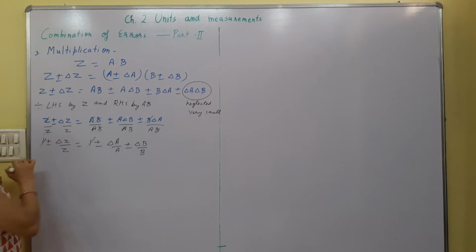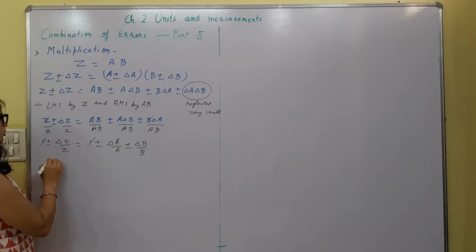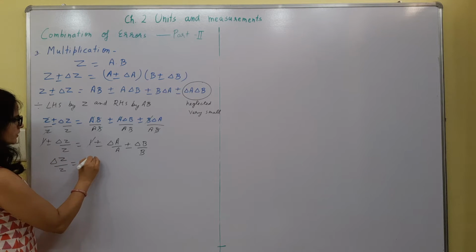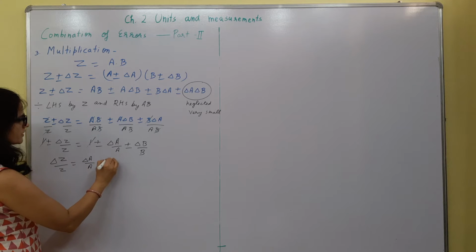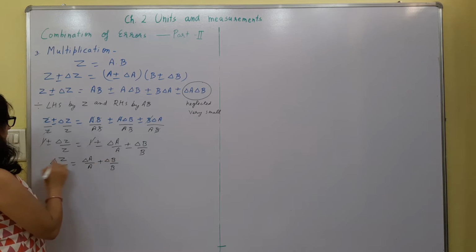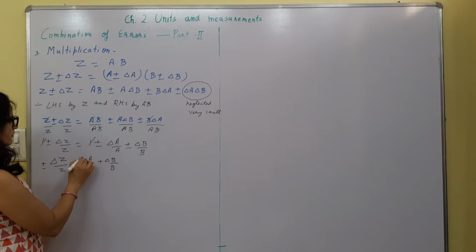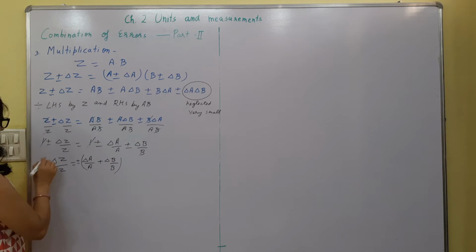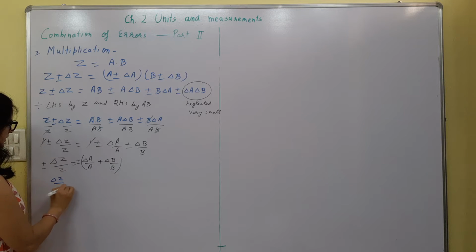This 1 and 1 will also be cancelled. Plus minus will also be cancelled. So I'm getting delta Z upon Z is equal to delta A upon A plus delta B upon B, because this can be written like this by taking plus minus common. So this will be cancelled. So I'll get delta Z upon Z.